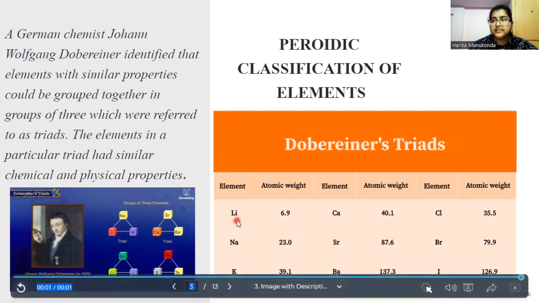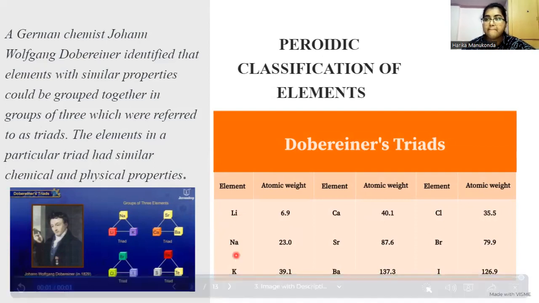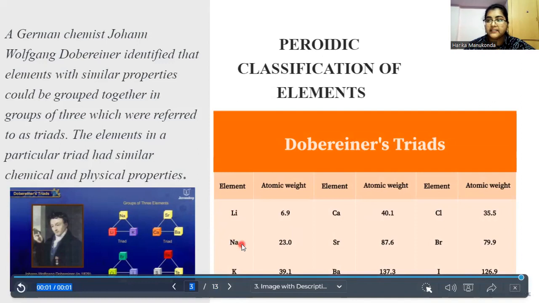His principle is that the atomic mass of the middle element is equal to the mean of the atomic masses of the first element and the last element. Once again, children, the atomic mass of the middle element is the mean of the atomic masses of the first and third elements.